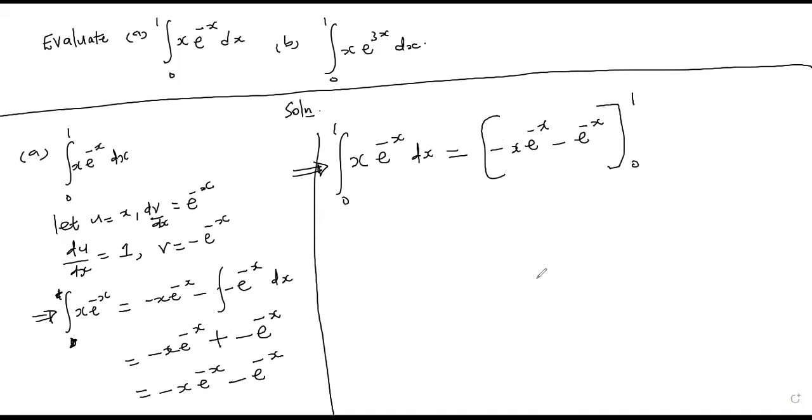So first substitute when you have a 1, so you will have minus, of course, this is minus. When you put a 1, it keeps minus, then e to the power minus 1. All right, then minus e to the power minus 1, that is 1.